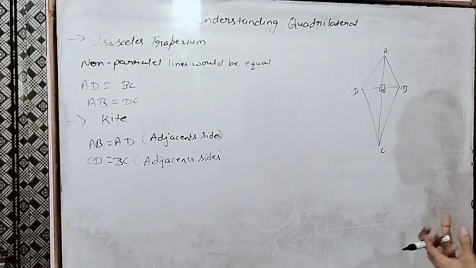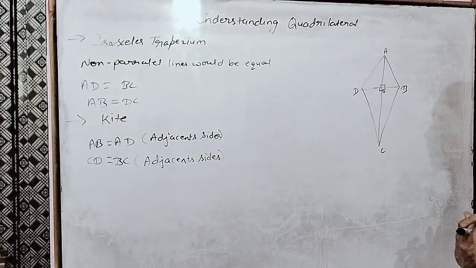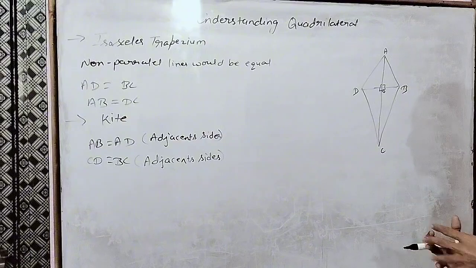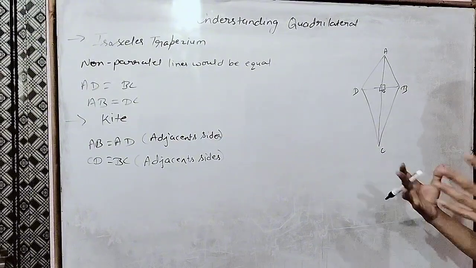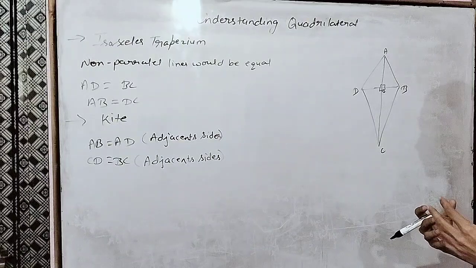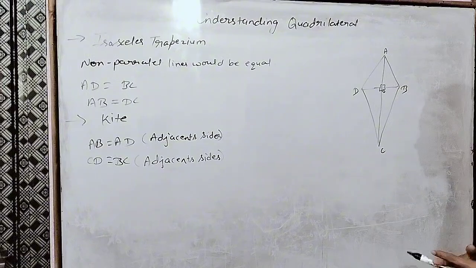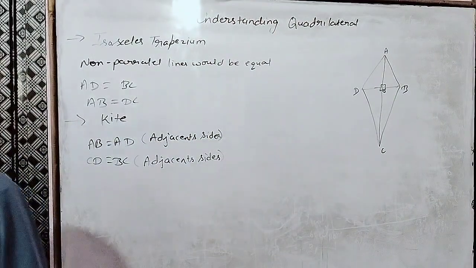Rhombus was saying that I have four sides which are equal to each other. But kite polygon is saying that I have four sides, but they are not equal to each other. But yeah, kite can say that adjacent sides of a kite are equal to each other. Okay. I hope we understood something.